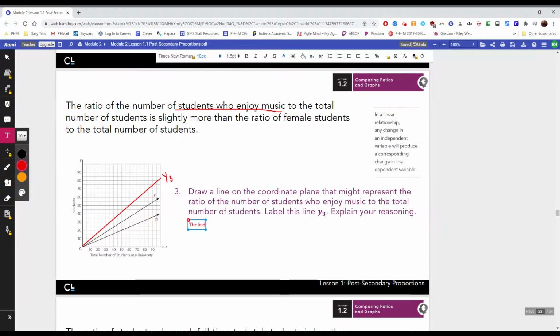So the line y sub 3 should be above line y sub 2 because the ratio of students who enjoy music to total number of students is greater than the ratio of female students to total number of students.